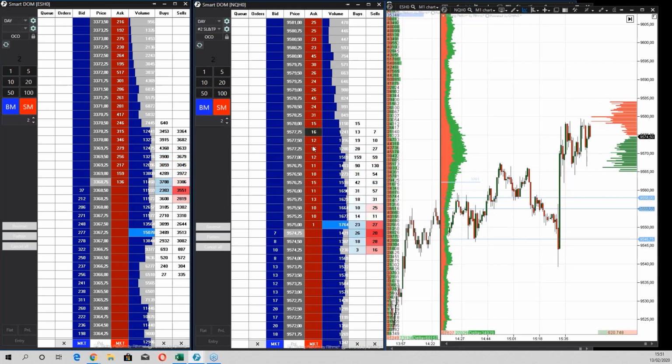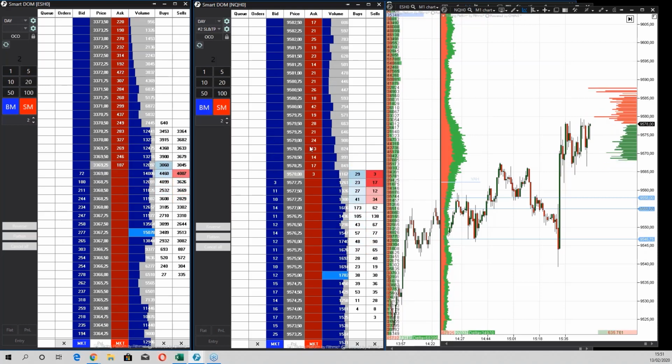You see here waiting orders are very low. So if someone has to buy 100 lots, we will move the market by more than 10 ticks. Whereas here, if you buy 100 lots, it doesn't do anything, so it just stays at the same price. That's the difference between those two markets. That's why the reading method is also a bit different.